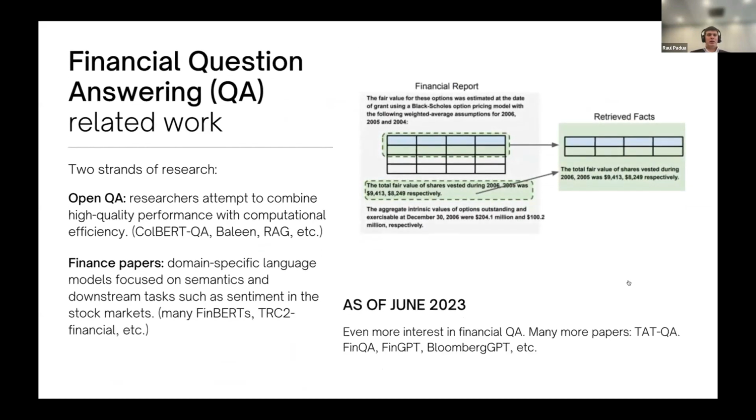So in our related work, we had back then, last year, two strands of research. One was in open question answering, where researchers attempt to combine high quality performance with computational efficiency, such as RoBERTa.